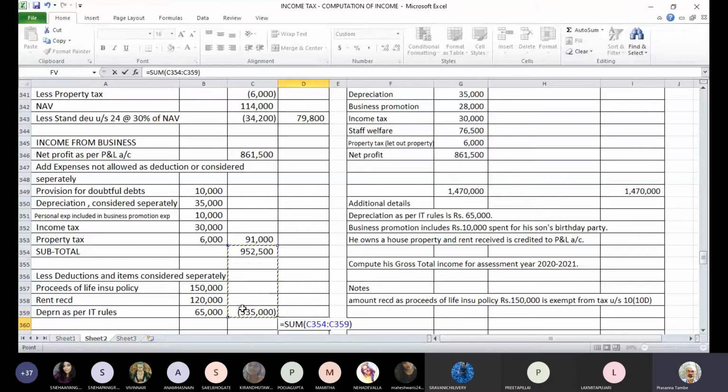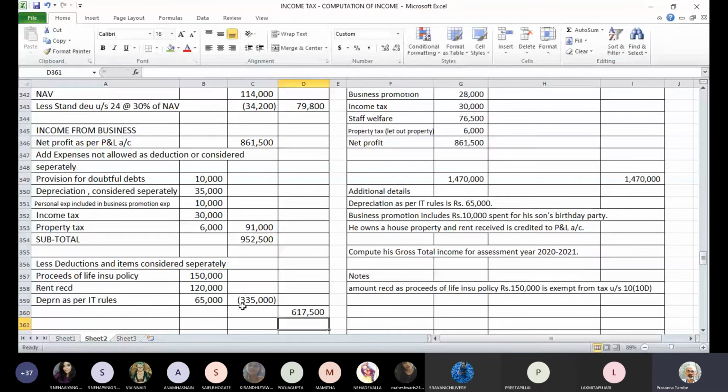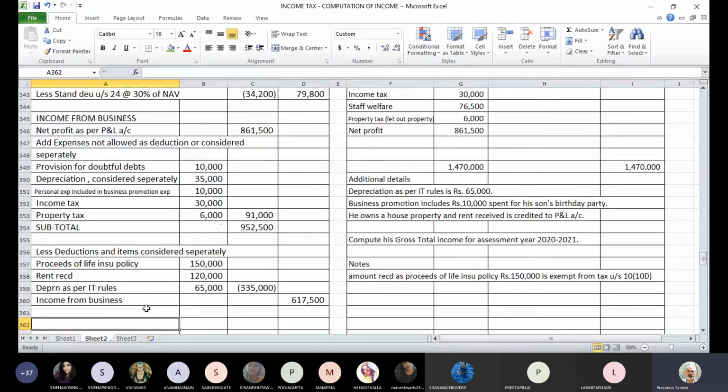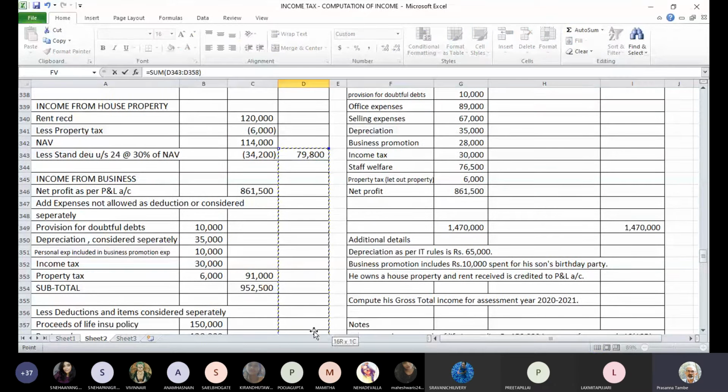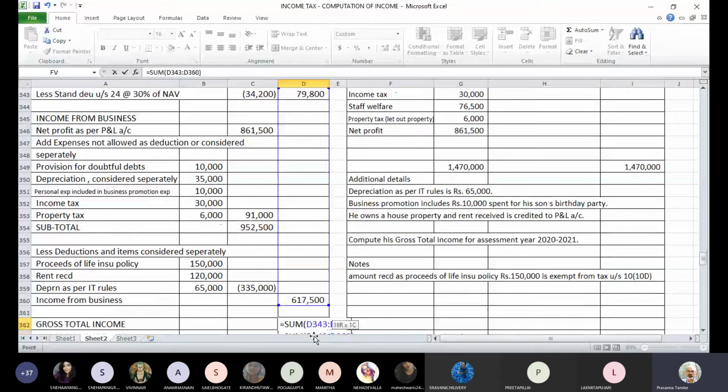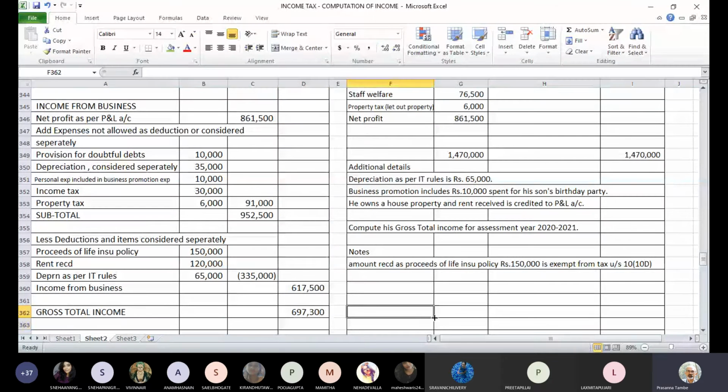So 9,52,500 minus 3,35,000 is your income from business. Gross total income will be both the heads put together. That's 97,300, the amount of gross total income.